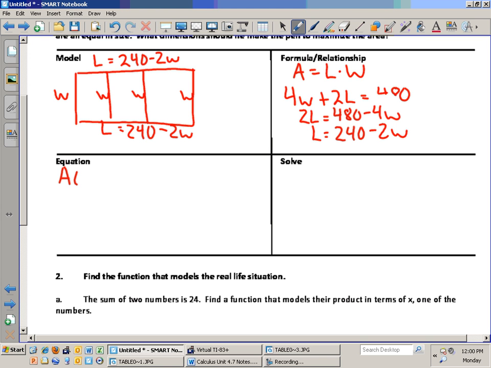I've written it all now in terms of W. The area in terms of W is equal to L, which is 240 minus 2W, times W, or my area in terms of W is going to be equal to 240W minus 2W squared.